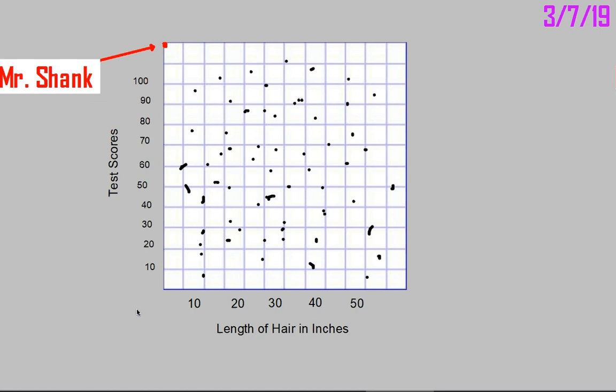So again, it would be hard to draw a line of best fit, which is why we don't. Make sure you're filling those in, and make sure you are able to have those correlations, have those slopes, and use those same ideas that you used for linear functions.